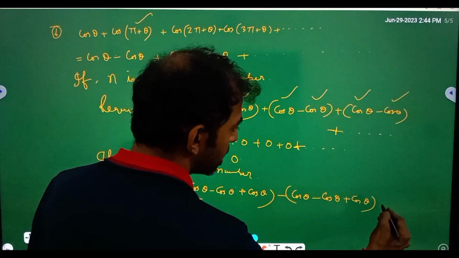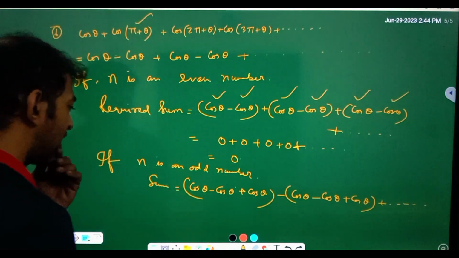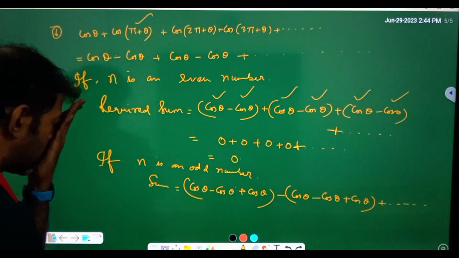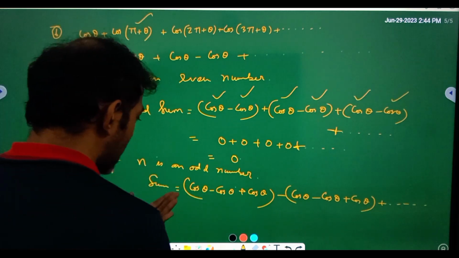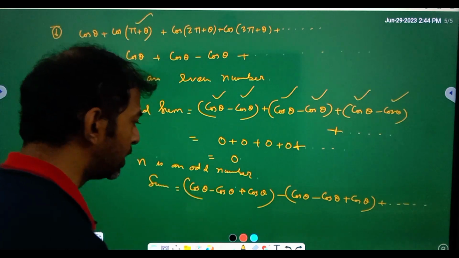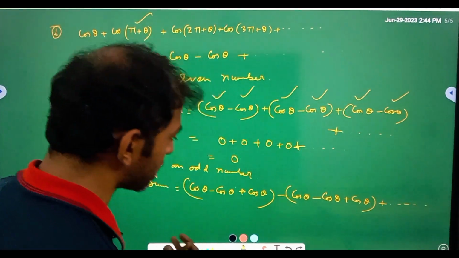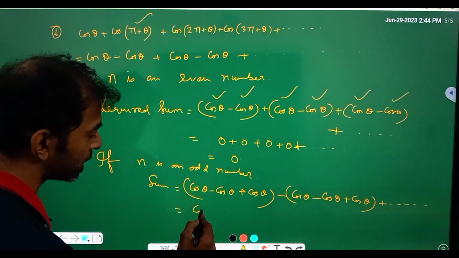Same way we proceed up to the nth term, and here n is an odd number. So if you consider n as an odd number, cos theta and minus cos theta will cancel each other, but there will be an extra cos theta. So for that extra cos theta, the total sum will be cos theta.